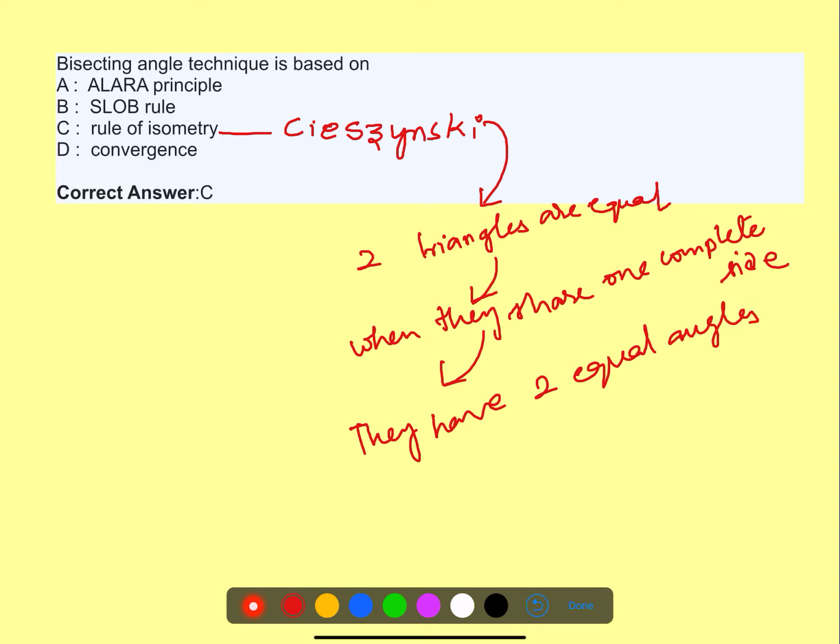So this is the rule of isometry. When two triangles are equal and share one complete side, then they have two equal angles. So this is the rule of isometry or Cieszynski's rule, on which the bisecting angle technique is based.